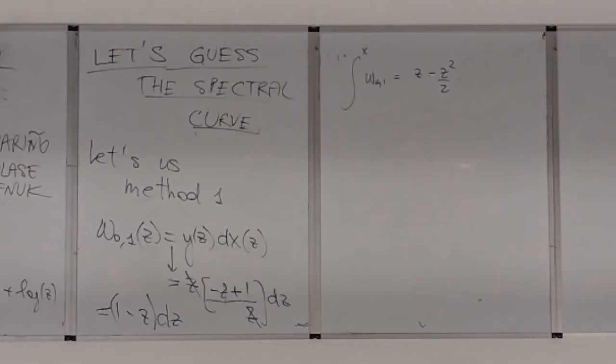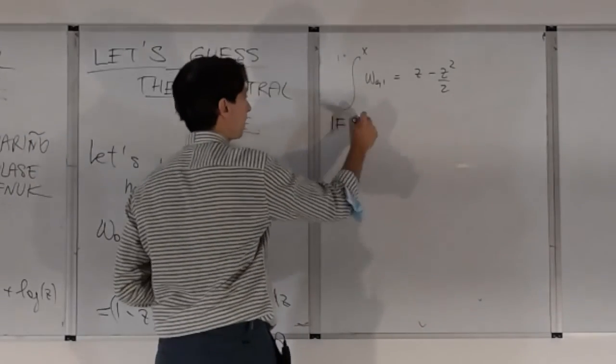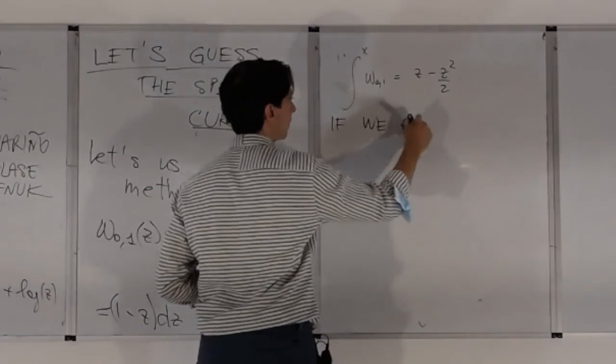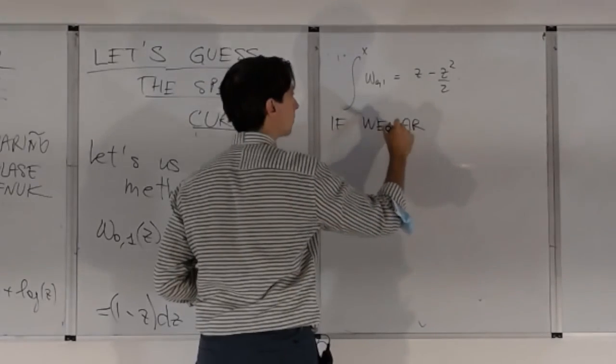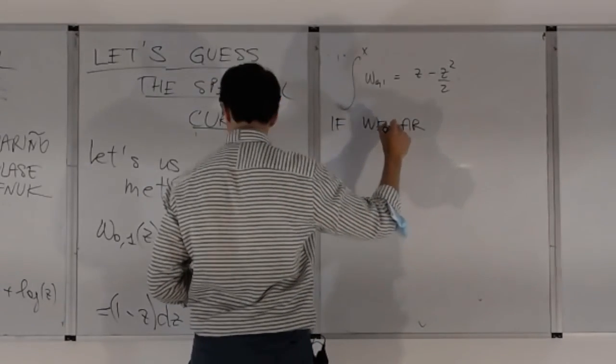So I'm claiming something super weird at this level. I'm claiming that, if we are correct, it's x minus x squared. Sorry.